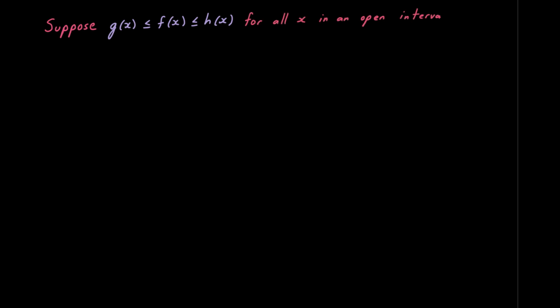Okay, now let's use the same ideas to solve a very different looking problem. Suppose we know 3 functions, g, f, and h, but we don't know specifically what they are. We just know that this inequality holds true for all x in an open interval containing x equals 3. So it kind of matches the statement of the Squeeze theorem. We also know that the limit for g and the limit for h as x approaches 3 are 7 and 7.